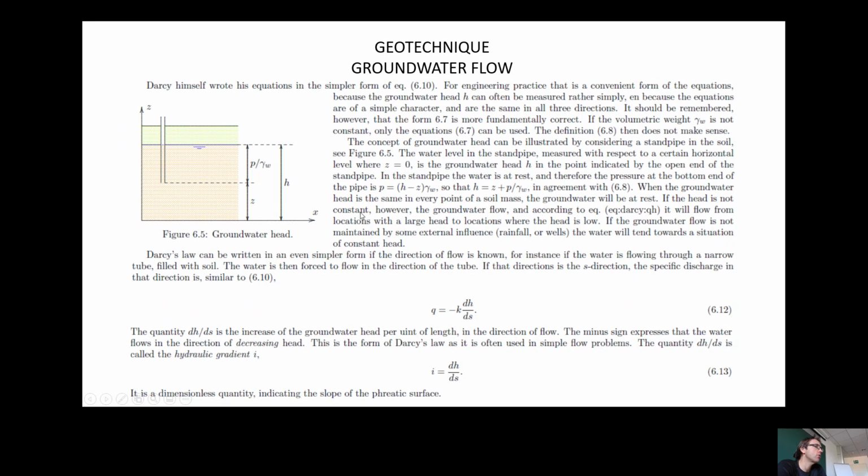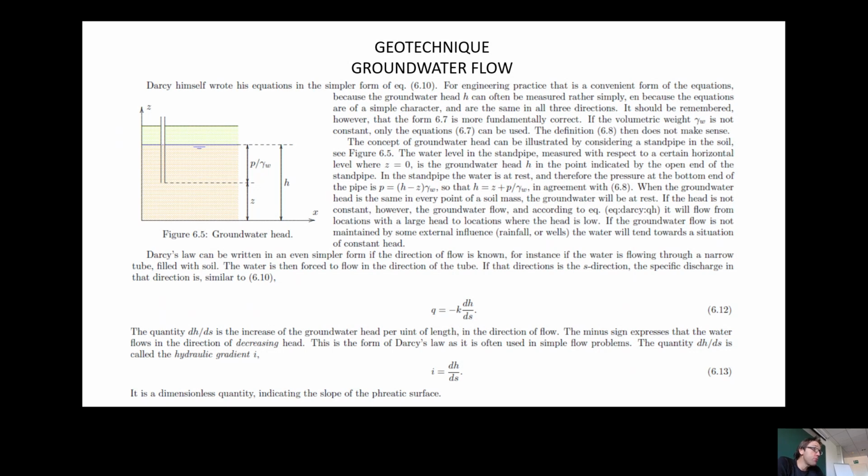Instead, in the case of non-constant head, the groundwater will flow, according to the equation of Darcy, from locations with a large head to locations where the head is low. I mean, there is a flow that follows the vertical gravity. And if the flow is not maintained by some external influence, for example rainfall or wells or something like that, the water will tend towards a situation of constant head.